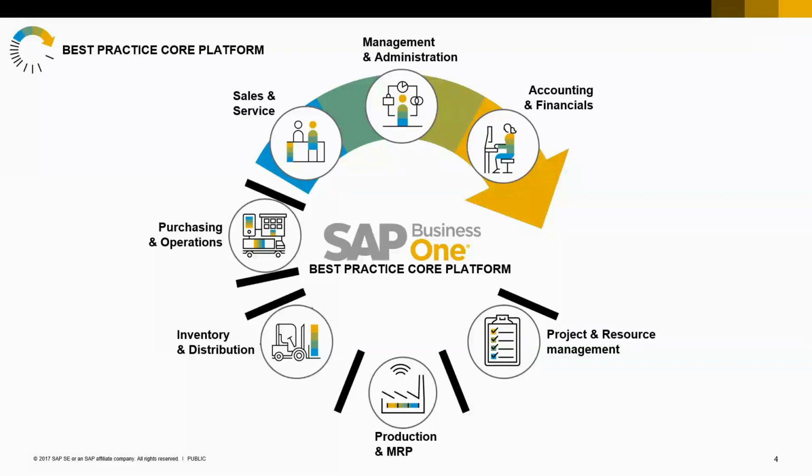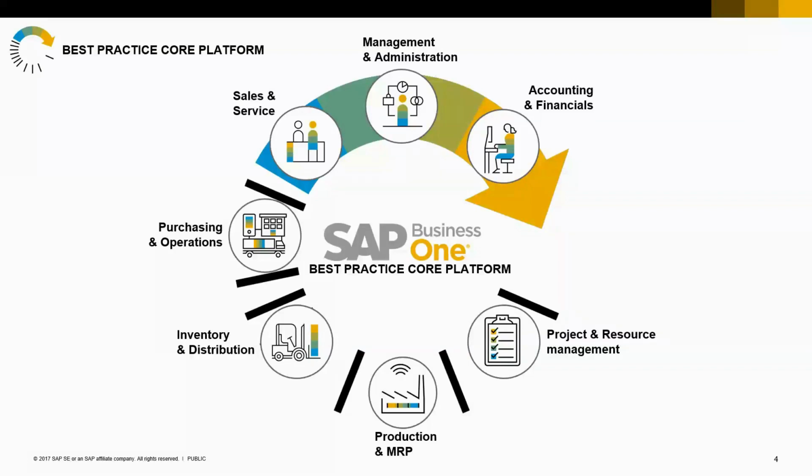So if we look at the diagram, in addition to the accounting and financials that you would normally expect to get, you also get things like the management and administration side, sales and service, purchasing and operations, inventory and distribution, production and MRP, and also project and resource management. We spoke yesterday about the cost waste associated with reporting across multiple systems using Excel, both in efficiency and time.